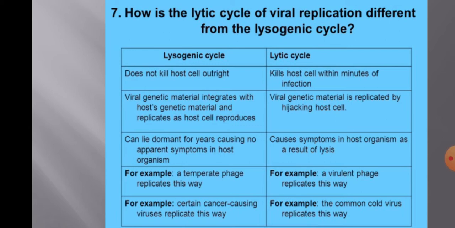Examples: temperate phages and certain cancer causing viruses follow the lysogenic cycle. Whereas a virulent phage is one which may cause disease or infection and replicates in the lytic cycle manner. In the same way, the common cold virus replicates in the lytic cycle manner.